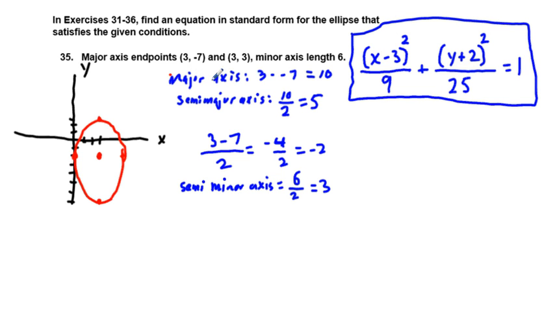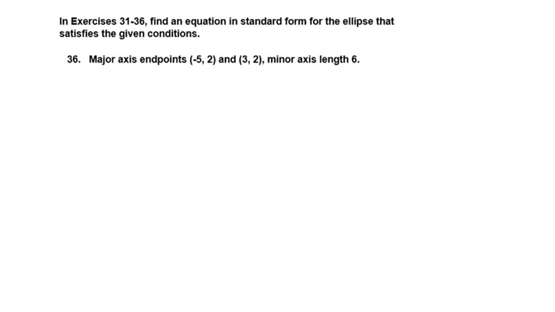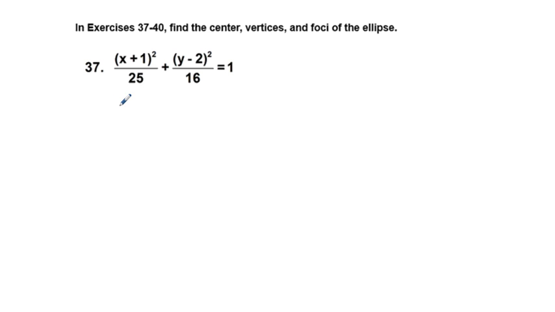Okay. Next, let's go to our next problem, which is 37. Here we have find the center, vertices, and foci of the ellipse. We have the equation of this ellipse. And so what this looks like, just kind of sketching it out here.